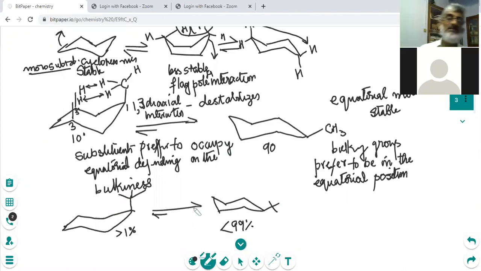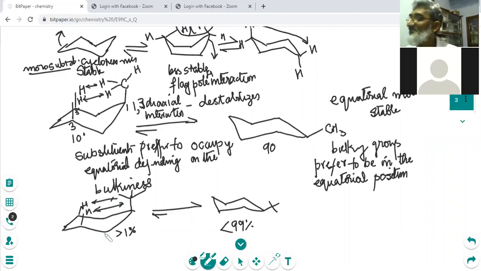So that is about the conformation of cyclohexane and their stability. The stability depends on 1,3 diaxial interaction. See here, this is 1,3 diaxial interaction. If you are asked, you just have to show this. It is the interaction between the substituents on the first and third carbons.